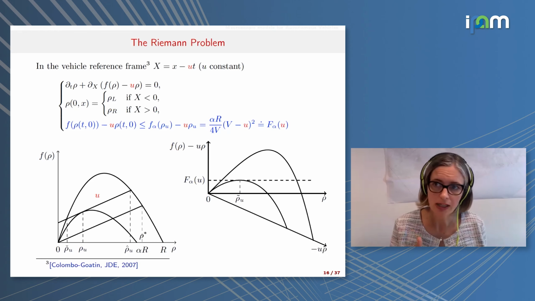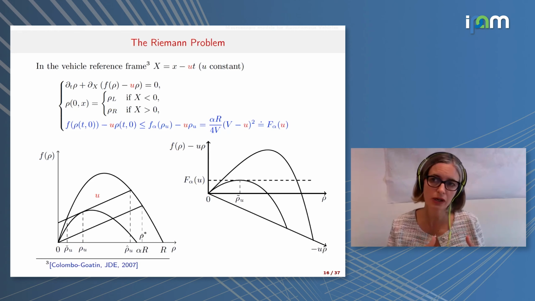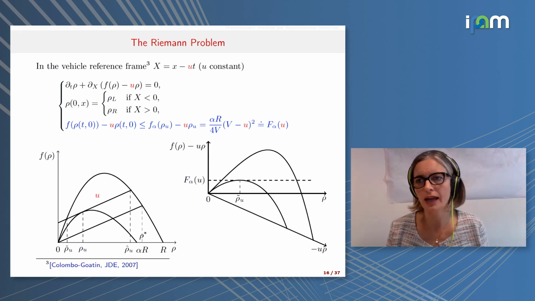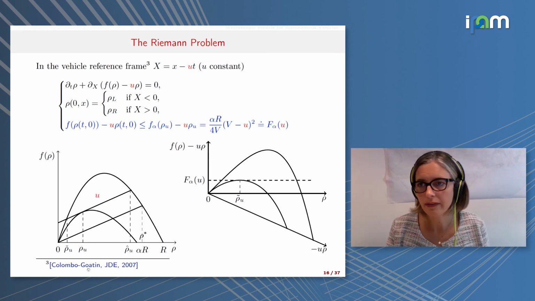And once the constraint is fixed, we know how to solve this problem because it's a conservation law with a fixed constraint on the flux. It is, for example, what happens at the toll gate. And we know how to solve the problem. So basically, if you want some mathematical reference.